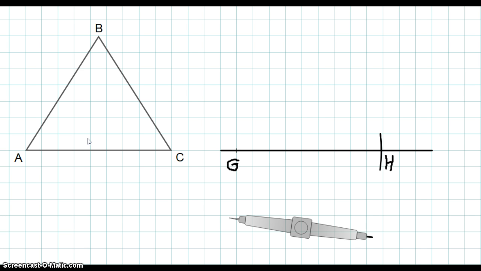Next, SAS, side angle side. So next we're going to try to draw or make a corresponding angle, side angle side, right? So we cleared the side, now let's focus on an angle.